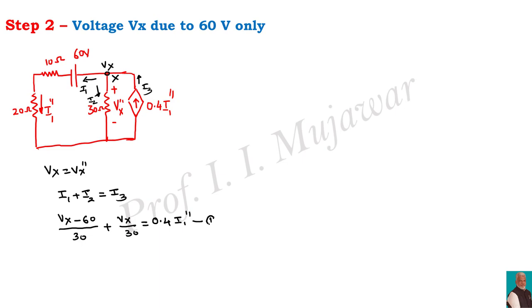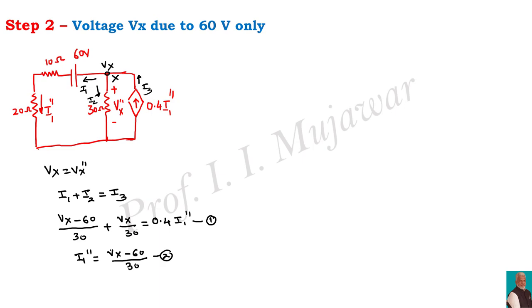Equation number 1 for state 2. Now what is I1 double dash? That is nothing but the current flowing through this branch, so I1 double dash is (Vx minus 60) divided by 30, equation 2.